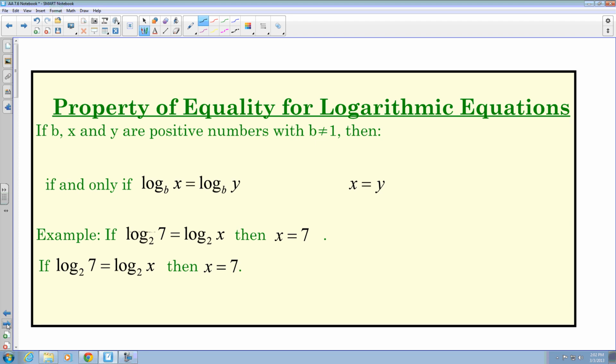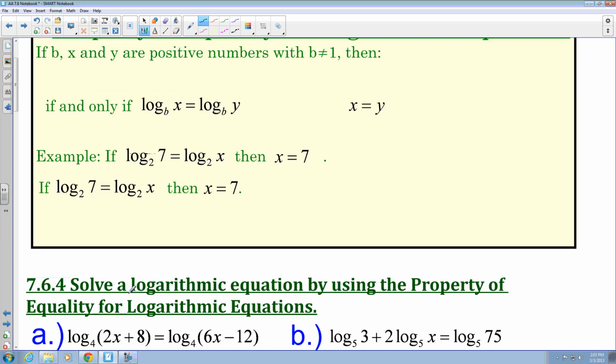So if we're given an equation with logarithms, and again they have to have the same base b, if we can conclude that it has the same base, we won't necessarily need the logarithms to help us solve the equation, because for example if we have log base 2 of 7 equals log base 2 of x, we can conclude that x equals 7.